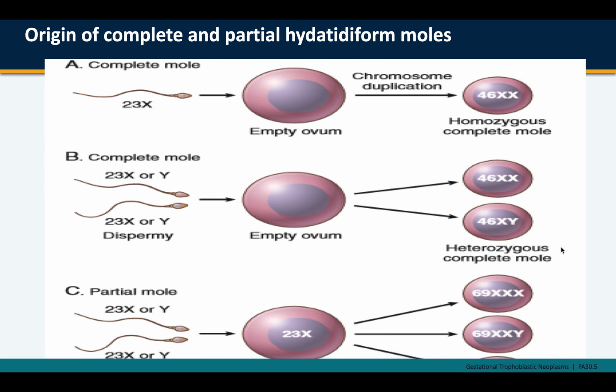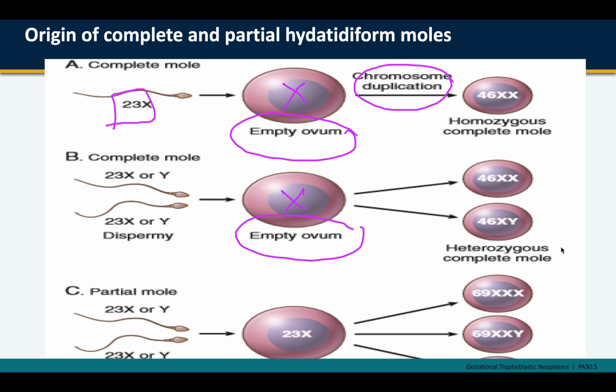So let's see how complete and partial mole are formed. In a complete mole, one defining feature is the presence of an empty ovum. The ovum is always empty. It contains no genetic material in case of complete mole. Either one sperm can fuse with the empty ovum, undergo chromosomal duplication and form a diploid mole.